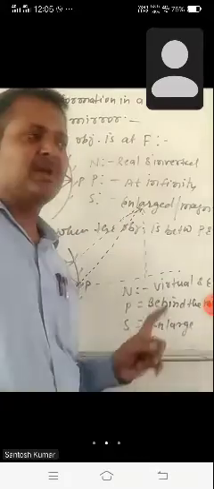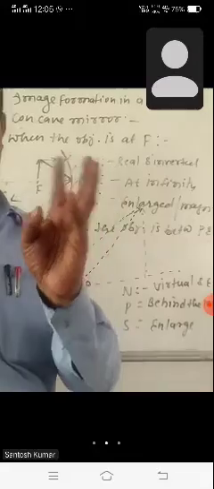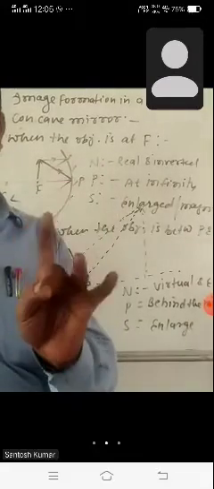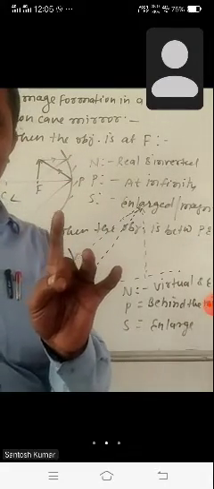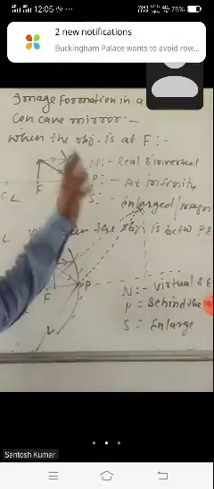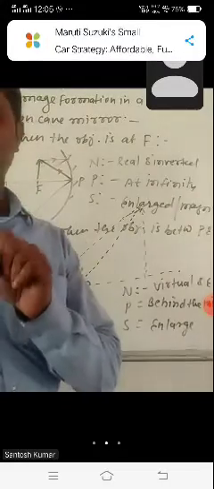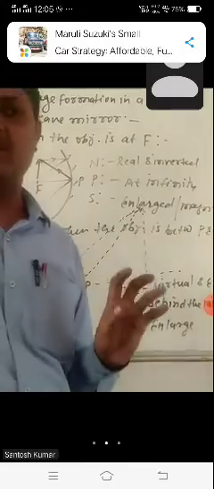So in a concave mirror, both real and virtual images will be found. Diminished, enlarged, same size, all types of image will be formed, and the position of the image will also be different in every case.